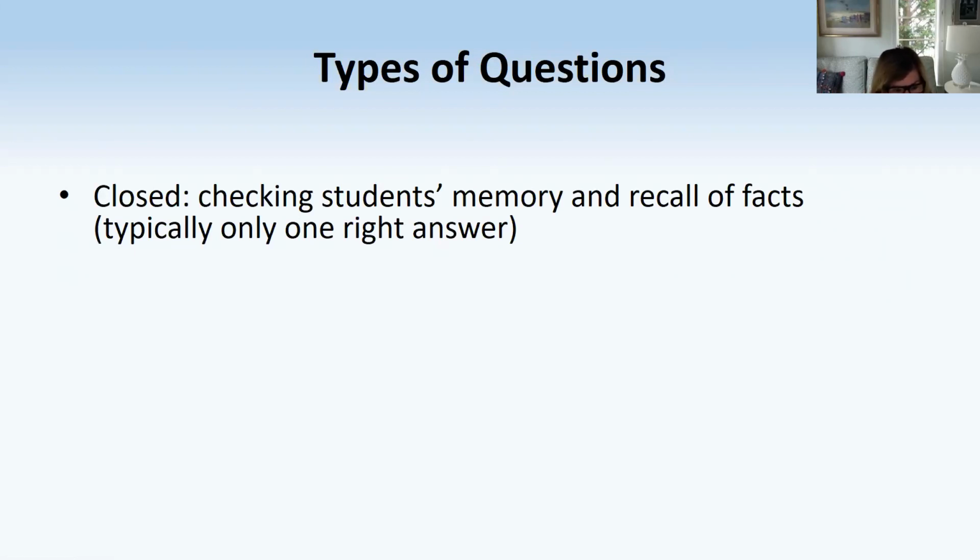So typically there's only one right answer. And, you know, it's important sometimes to know that kids can remember things and they can recall facts. But if you have a steady diet of that in your lesson, then it doesn't bode well for kids' conceptual understanding or for their critical thinking.